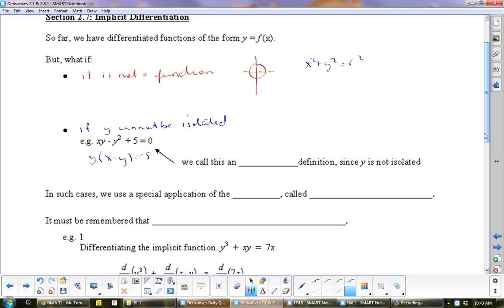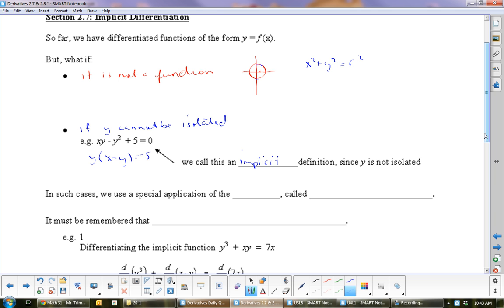So this is a situation where we would need to use implicit differentiation, since y is not isolated.